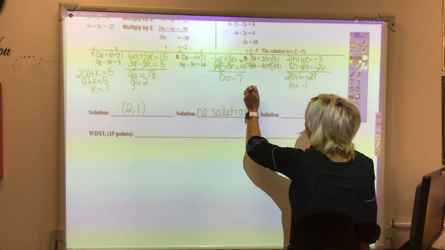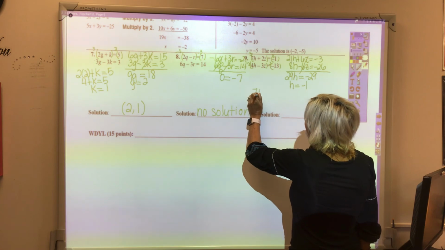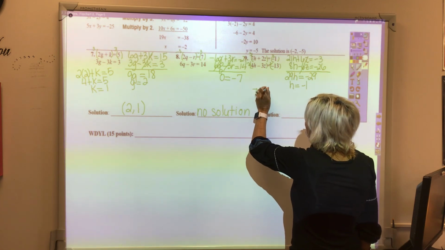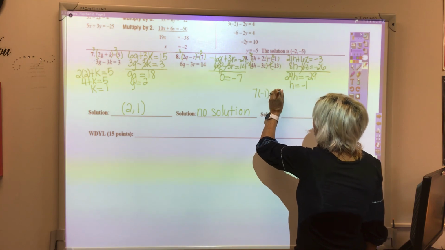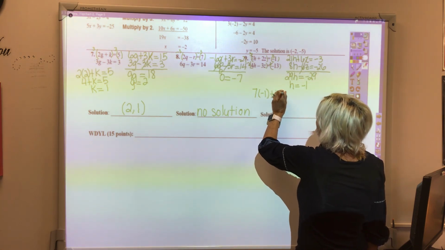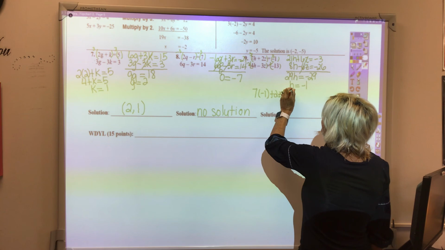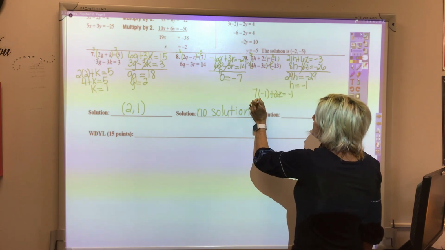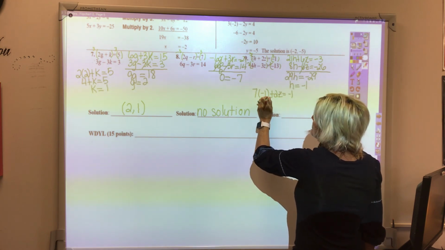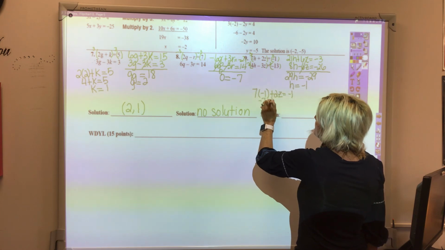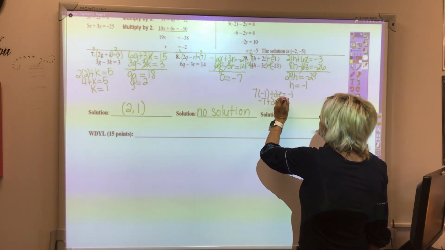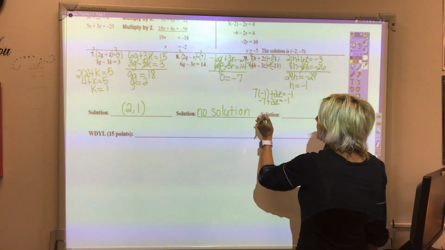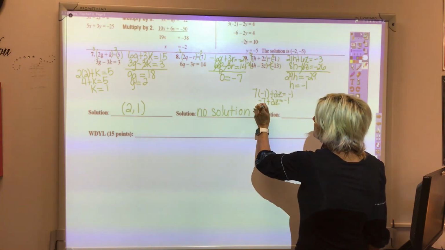So I'm going to have 7 times negative 1 plus 2z equals negative 1. Negative 7 plus 2z equals negative 1. Add 7 to both sides.